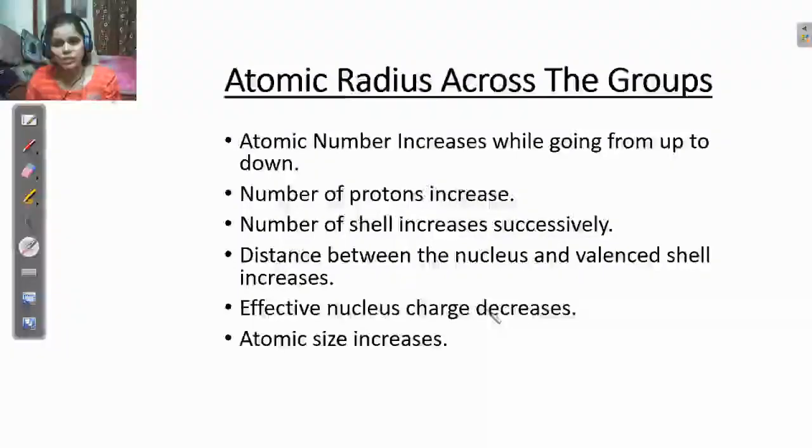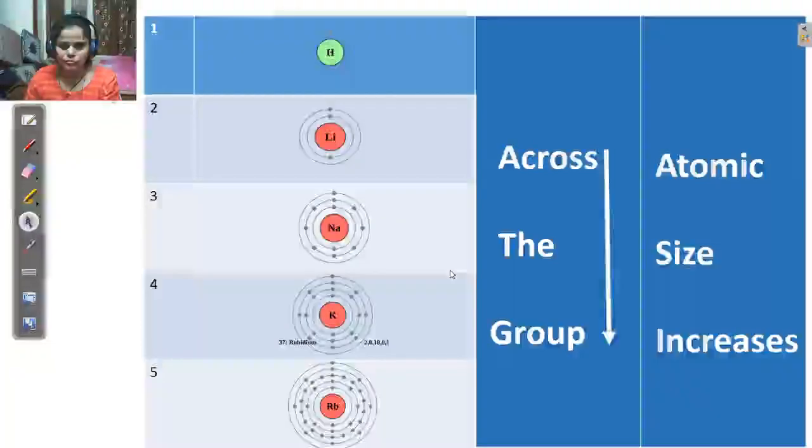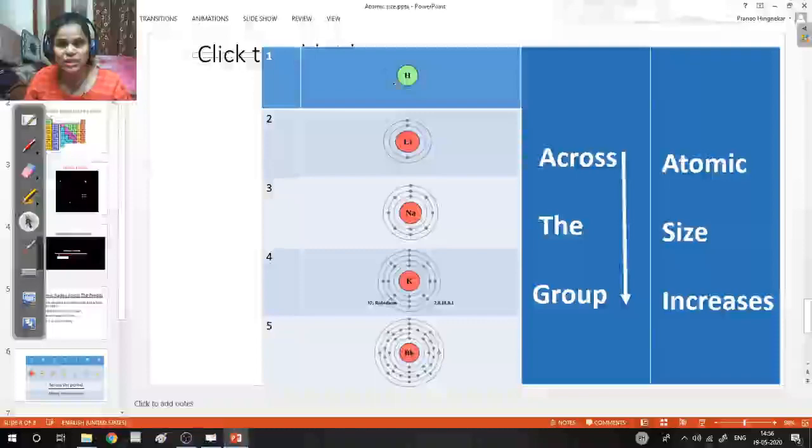If the distance increases, the effective force decreases. Understand? Let's see the pictorial diagram. Here the distance is less, so the effective force is greater. If the effective force is greater, the nucleus tries to pull the electrons towards itself. That's why the size of the hydrogen atom is less.